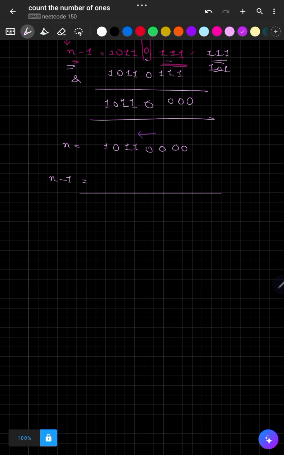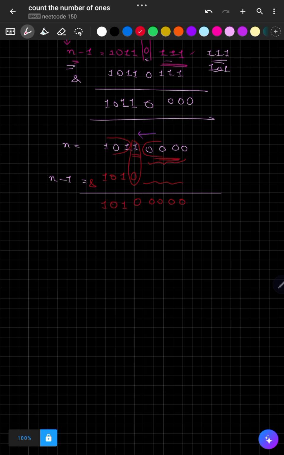All the digits on the left side of this rightmost bit will remain intact in n minus 1, that is 101. This digit will become 0, and towards the right some changes will happen. Whatever happens, after ANDing it, since this is 0, it's gonna be 0, and this particular digit will become 0, and the ANDing of these will result in 101. So yeah, that's the logic.